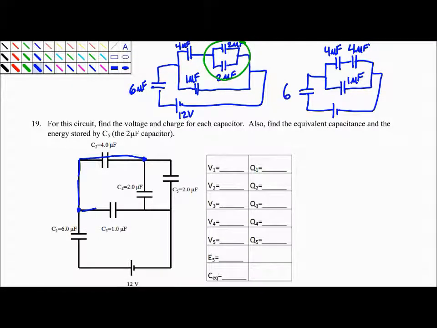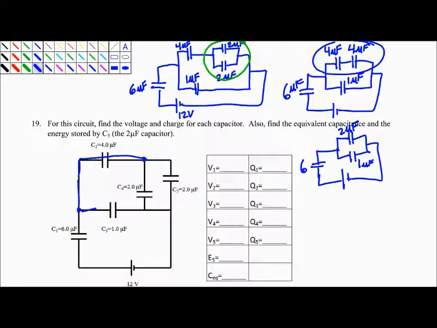This is my 6. Now I combine these two. A 4 and a 4, that gives me 2 microfarads, 1 microfarad. All right, this is 6.